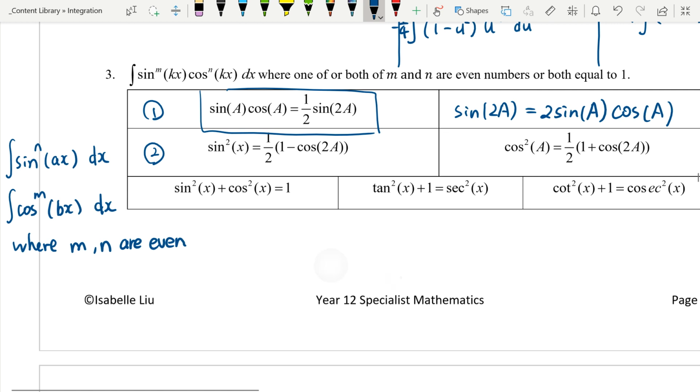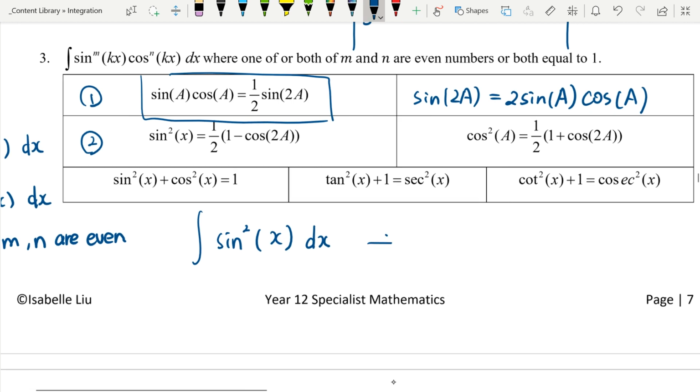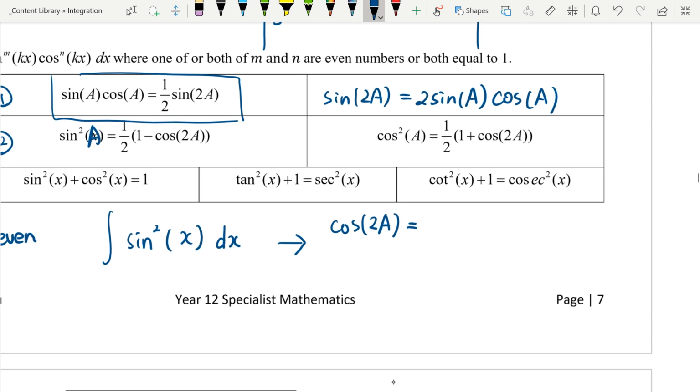Okay, so say we antidiff sine squared x. It looks very easy, but it's actually not that easy to solve. So what we need to think about is the double angle formula for cosine. For cos 2a, there are 3 formulas, but 2 are very useful.